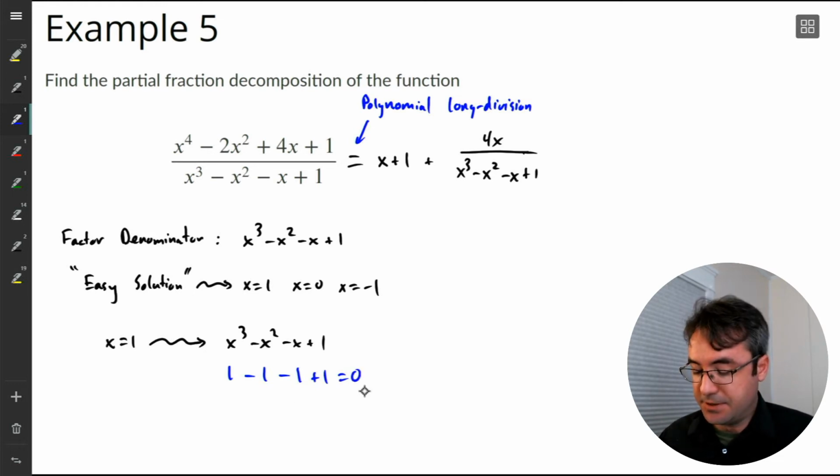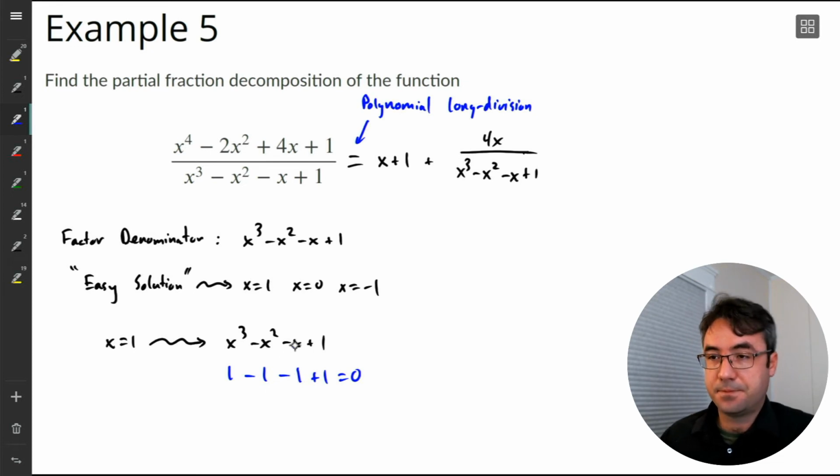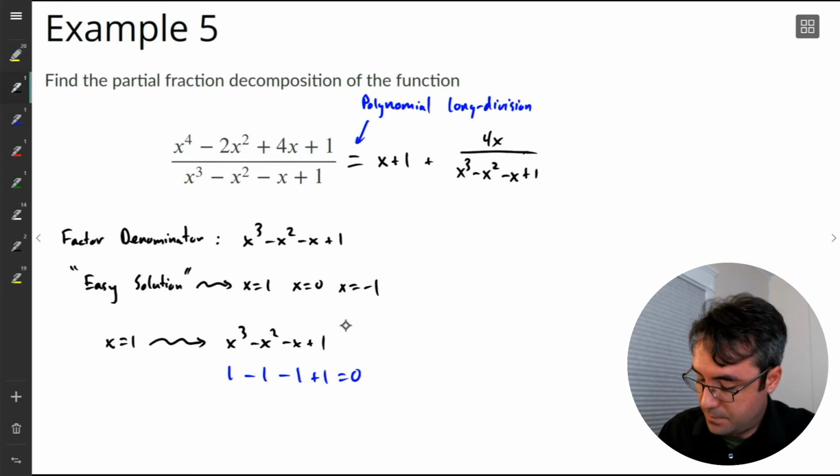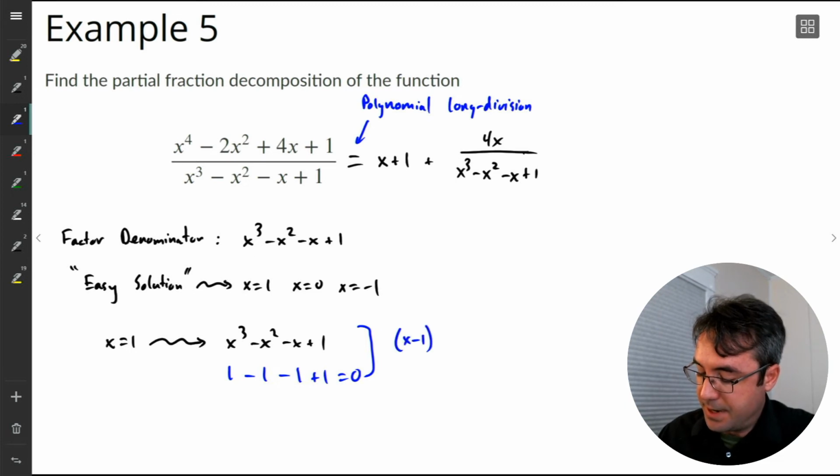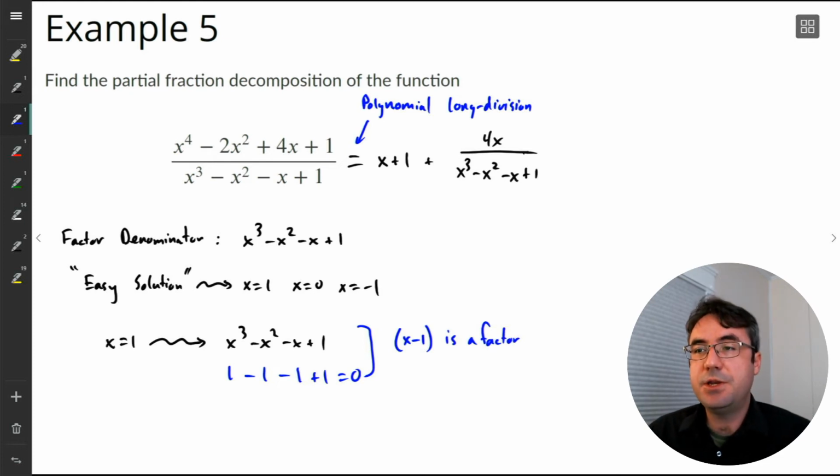So that tells us this thing does factor, and x minus 1 is a factor. We can use that to our advantage here.